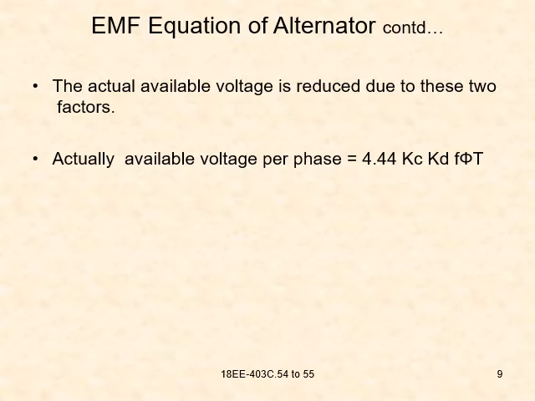This is the coil span factor or pitch factor, and this is the distribution factor. So finally, EMF per phase, E phase, is equal to 4.44 kc kd pi f T volts. So this is for phase.